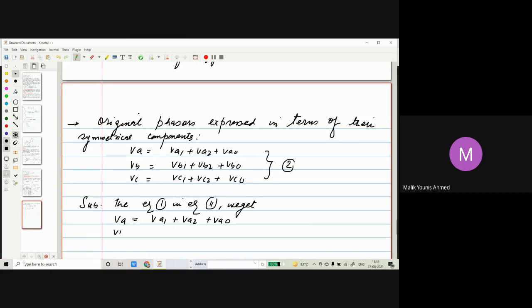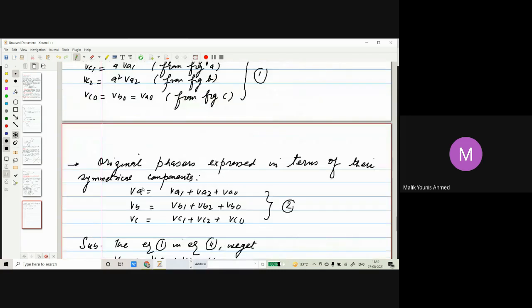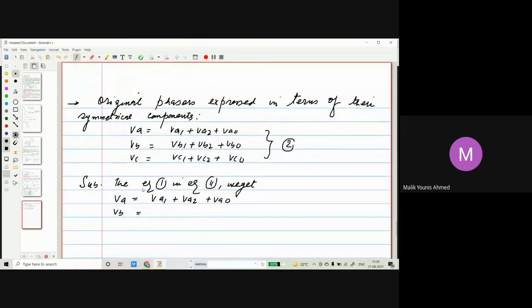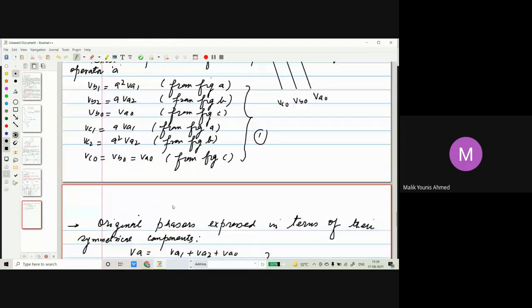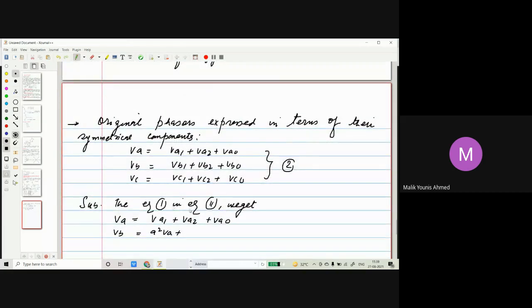Second, VB: VB1 is A square VA1. What is VB2? VB2 is A VA2.